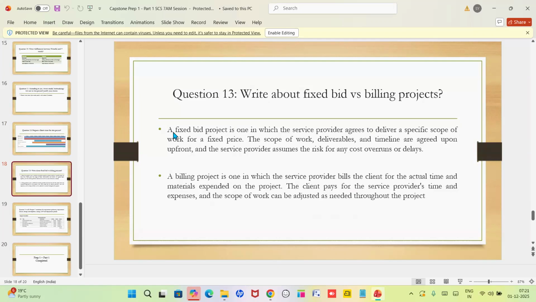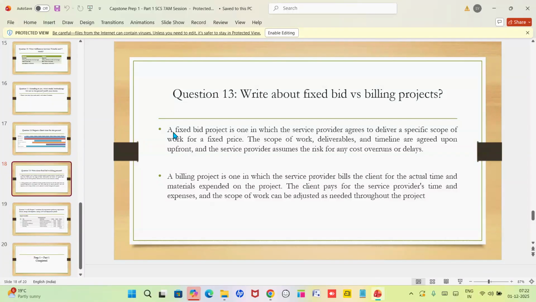So based on this fixed budget and timeline, the team and developers want to develop the application only within this timeline. Whatever problems they face, it is all on them. At any cost, they need to finish this application within 18 months and within the budget. So it is an issue for the team. If any problems occur in between, they have to resolve them themselves. So that is the kind of risk in a fixed bid.